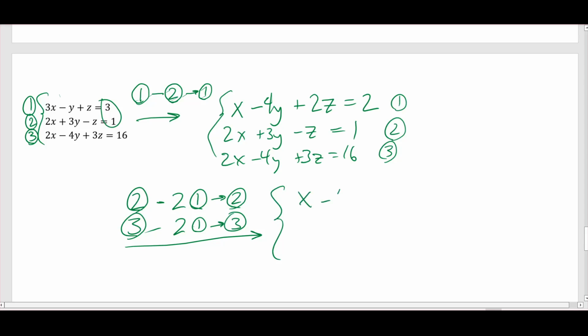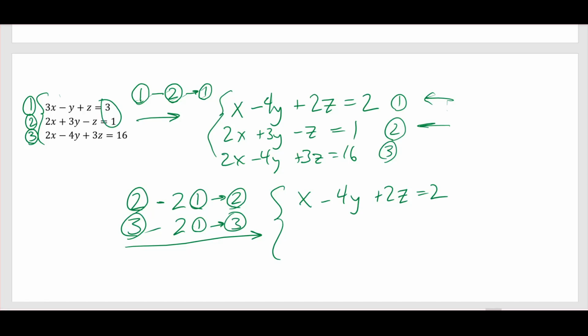We're going to leave it be. So we got x minus 4y plus 2z equals 2. And now we have these other guys that we need to deal with. So let's do that. We can just do what we have prescribed over on the left. All right, so we're going to take row 2, which is this one, and we're going to subtract 2 times this one.